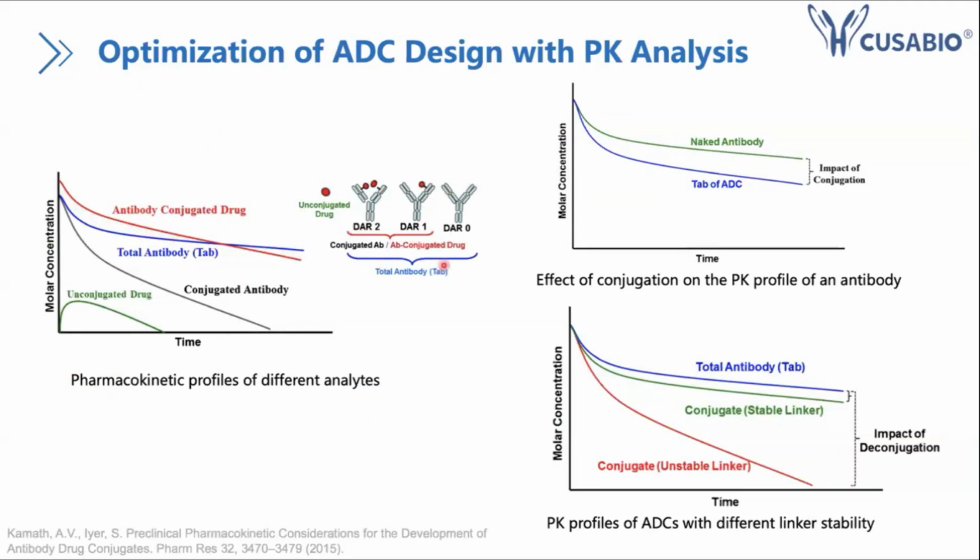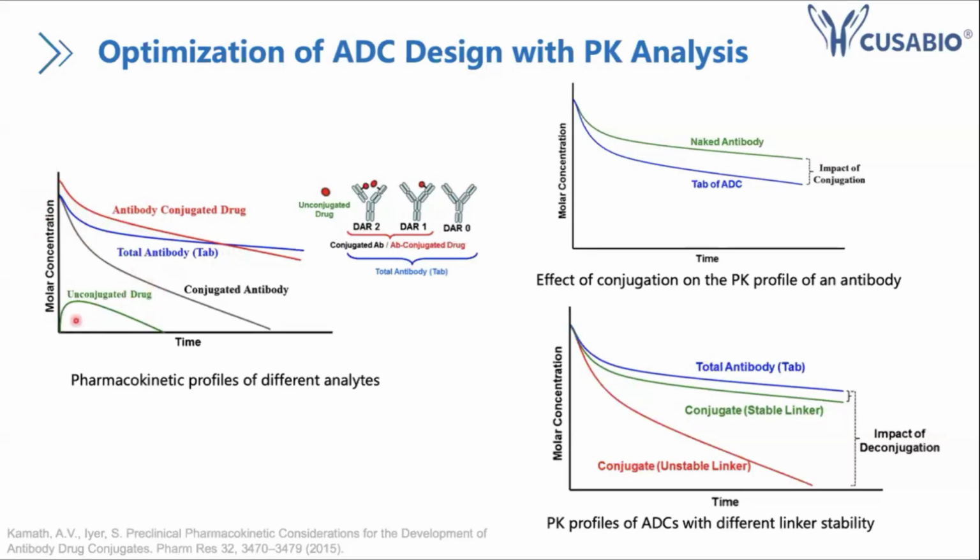So they represent each portion, and they look similar because they have the payload that may be fully conjugated to the antibody. So they look similar, and the concentration and the degradation rate are pretty similar. For the conjugated antibody, because the payload is gradually released, the conjugated antibody is also gradually decreased.